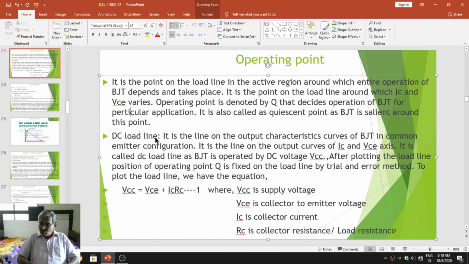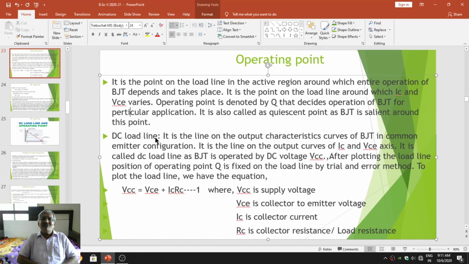But we are drawing this line on the output characteristics of the BJT, and to draw that particular line on the output characteristics we are interested in those 2 particular points which, by joining, we can get a straight line on that output characteristic curve.